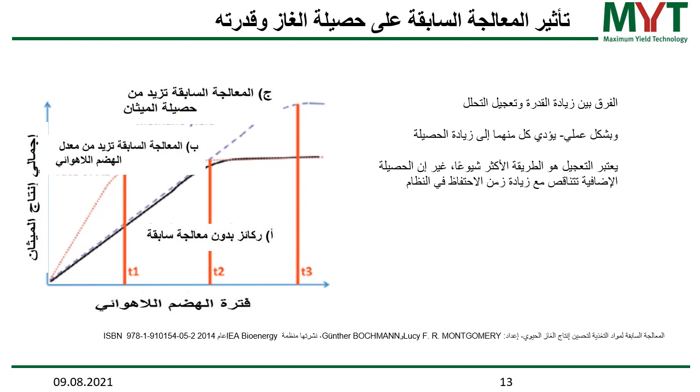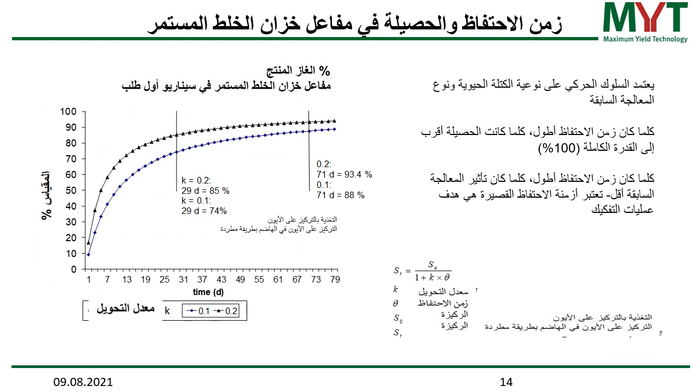To go a little bit more into detail on that, on the next slide you can see the relation of time, in this case retention time in a CSTR, a continuously stirred tank reactor, and the achieved biogas yield given as percent BO. This is percent of the biogas potential.